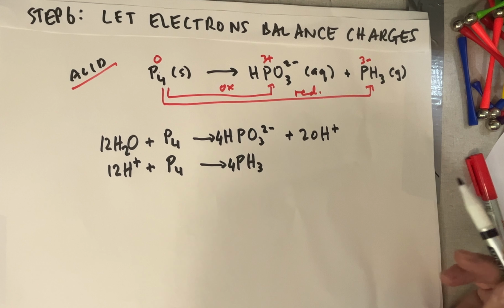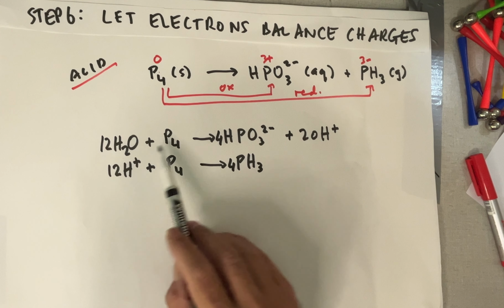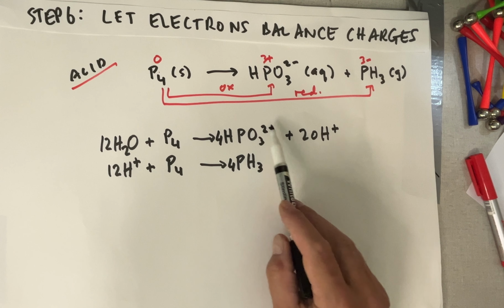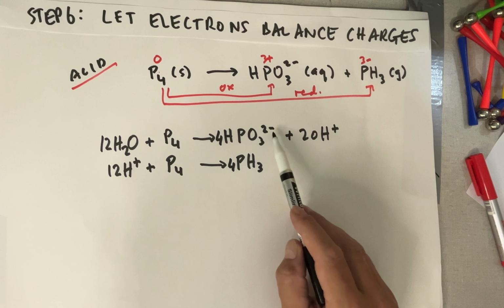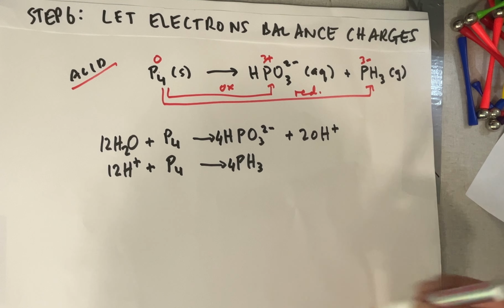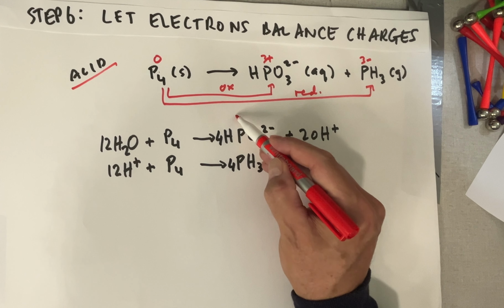In the next step, you need to let the electrons balance the charges. In the first reaction, both these chemical species are neutral, so there's nothing to be done. Here you have a species that's 2 minus, and you have 4 of them, so that means it's 4 times minus 2 is 8 minus.